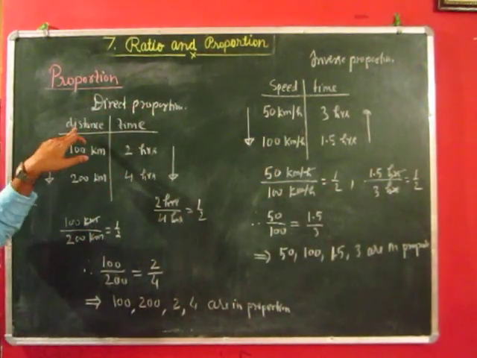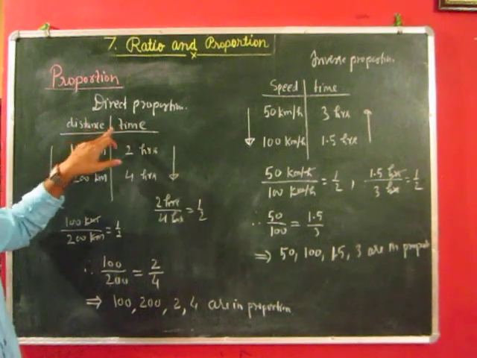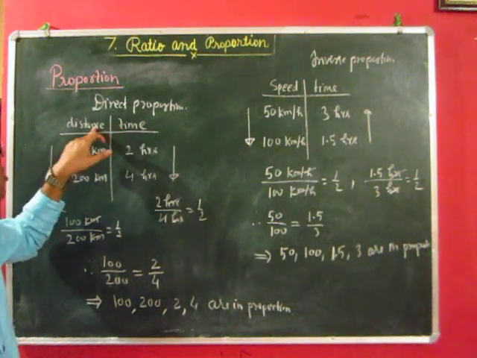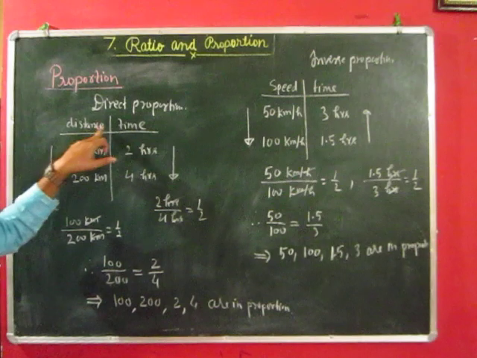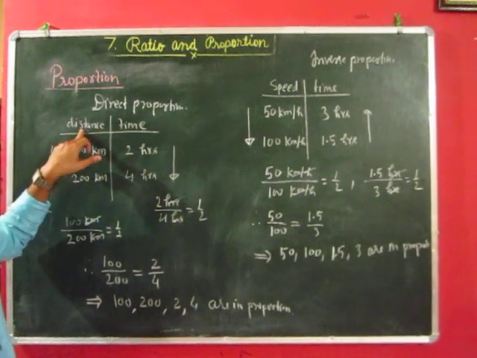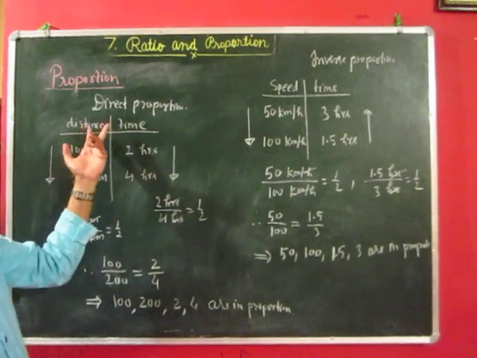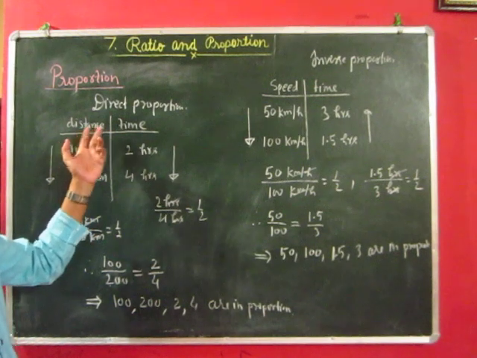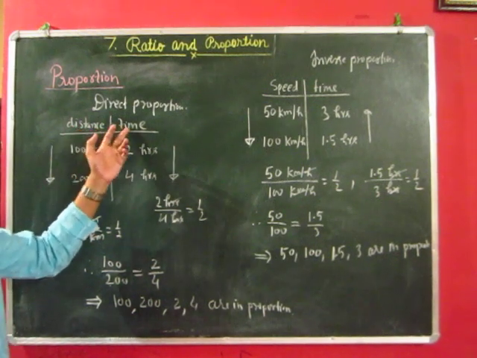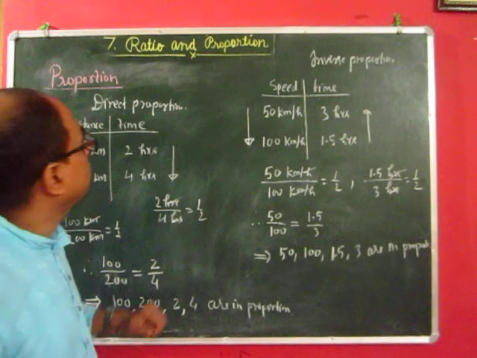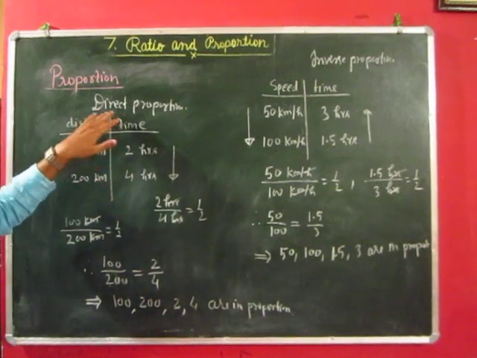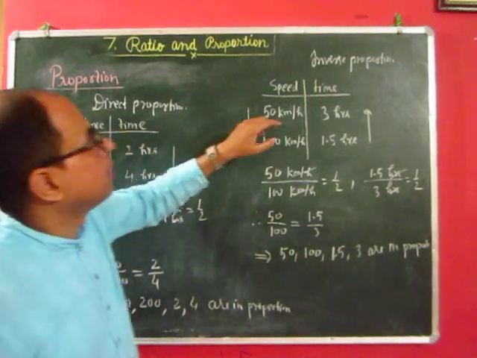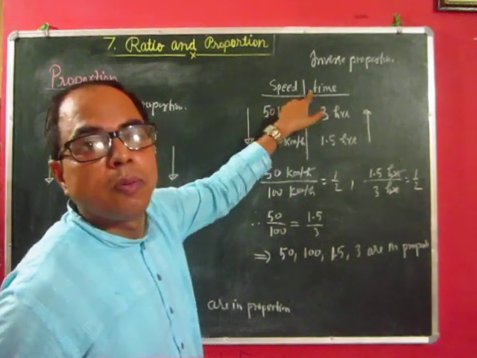Here the relation between distance and time is that distance and time are directly proportional to each other. If distance increases, time also increases. If distance decreases, time also decreases. So there is a direct relation between distance and time.